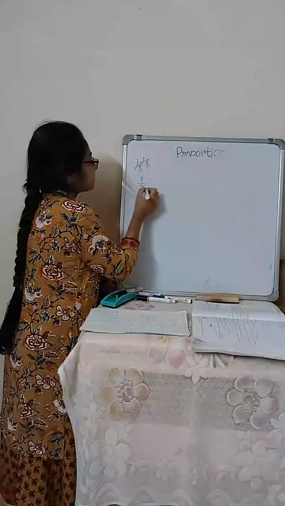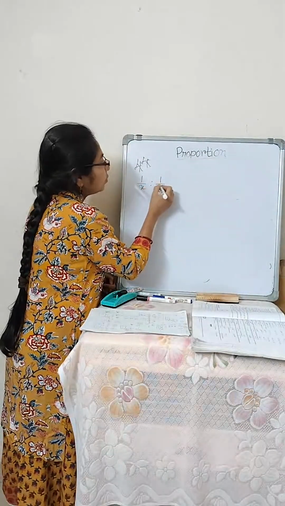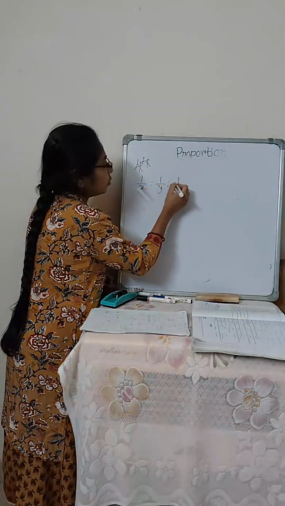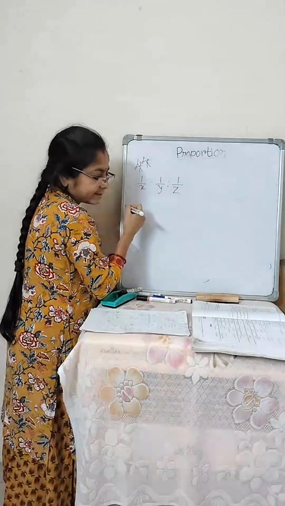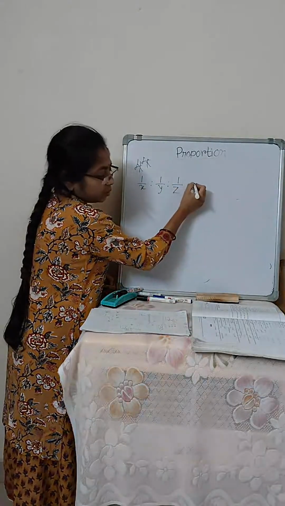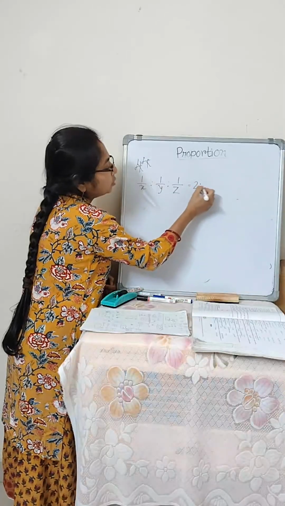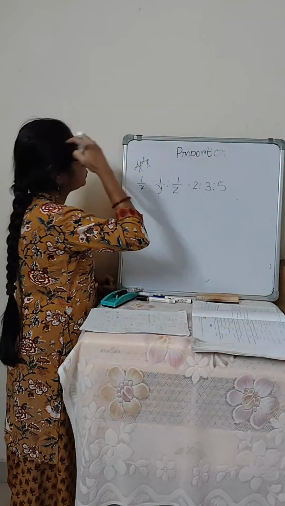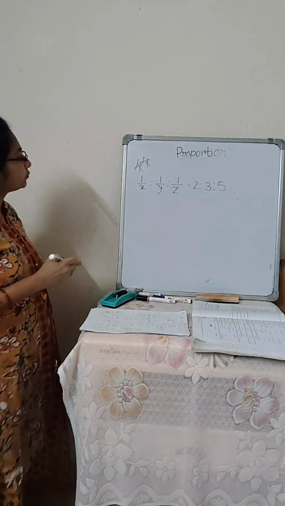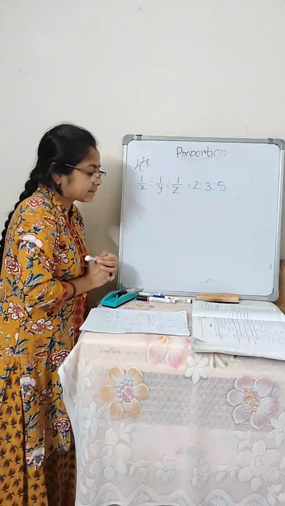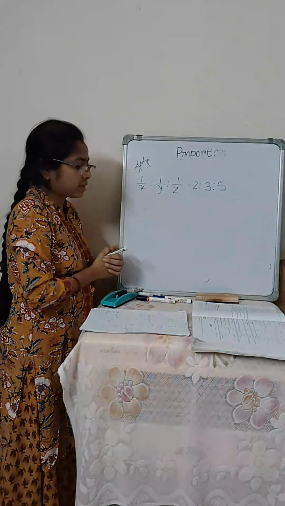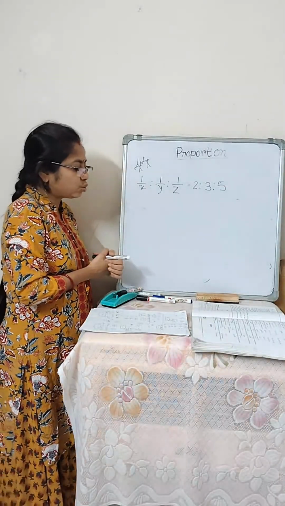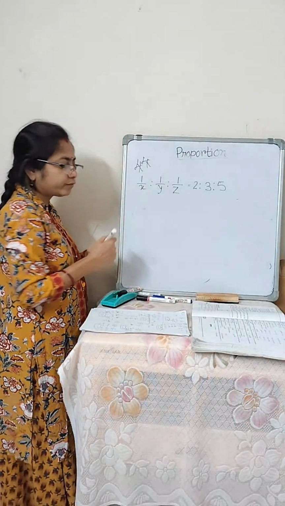1 by x is equal to 1 by y is equal to 1 by z, equal to 2 is to 3 is to 5. 1 by x, 1 by y, 1 by z is 2 is to 3 is to 5.